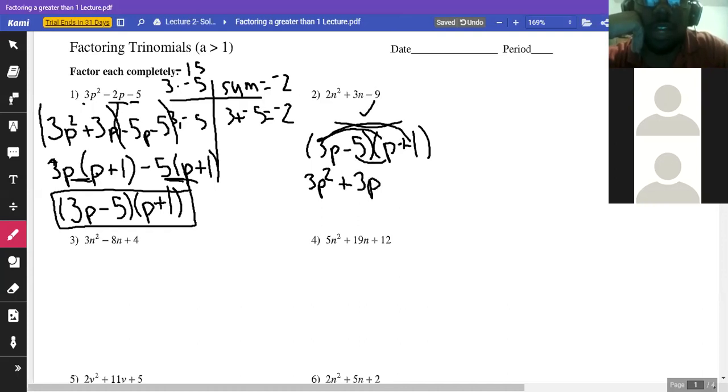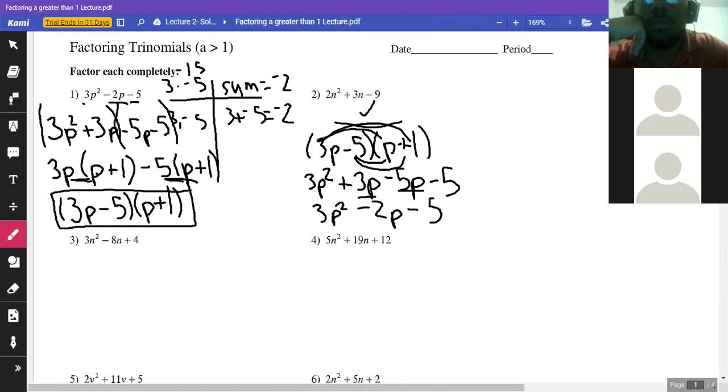Inner, multiplying -5 by P gives me -5P. And last, multiplying -5 by 1 gives me -5. And I'm just going to combine like terms. So 3P minus 5P gives me -2P. So 3P squared minus 2P minus 5. And I'm good.